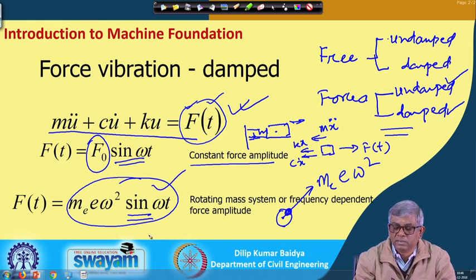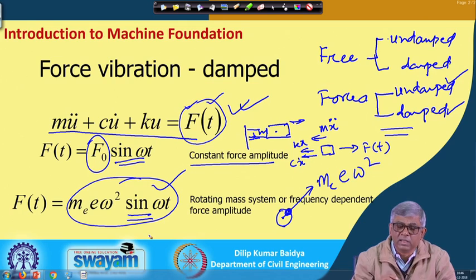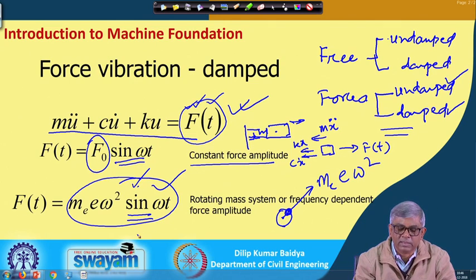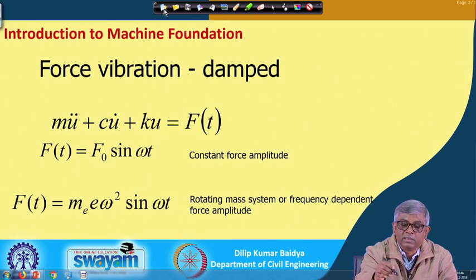Depending upon these 2 types of forcing function, the solution also will be a little different, but they are basically the same. Once I substitute one by the other, a small change will be there. So, let me go to the next slide.